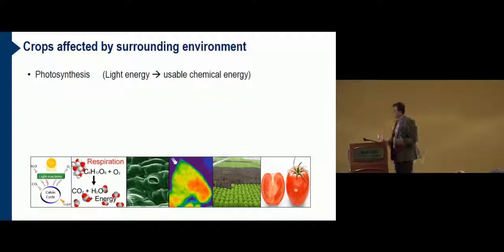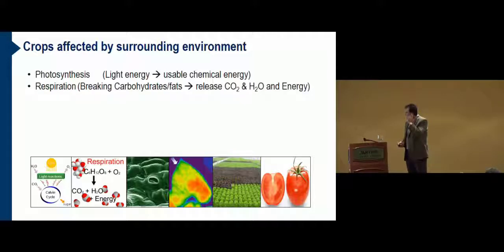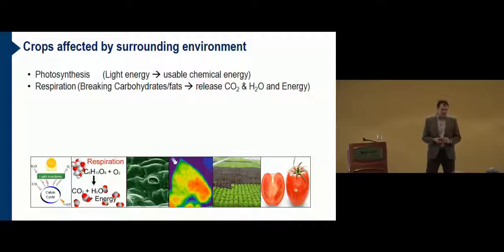Photosynthesis, the basis of life, is the physiological process converting light along with CO2 and generating usable chemical energy. And respiration is the opposite of photosynthesis, basically taking the food in the form of carbohydrates and fats and releasing CO2, water, and energy.